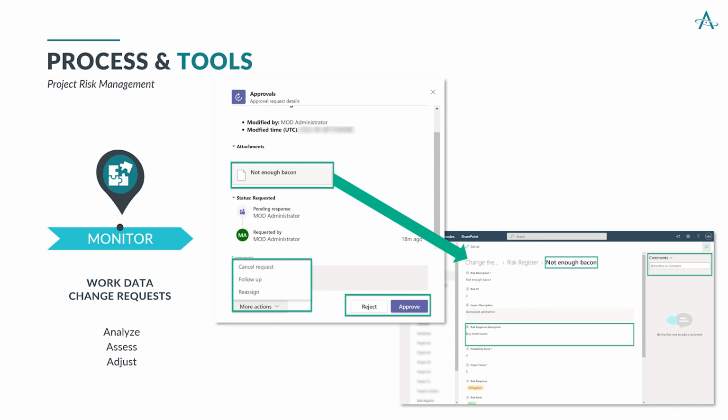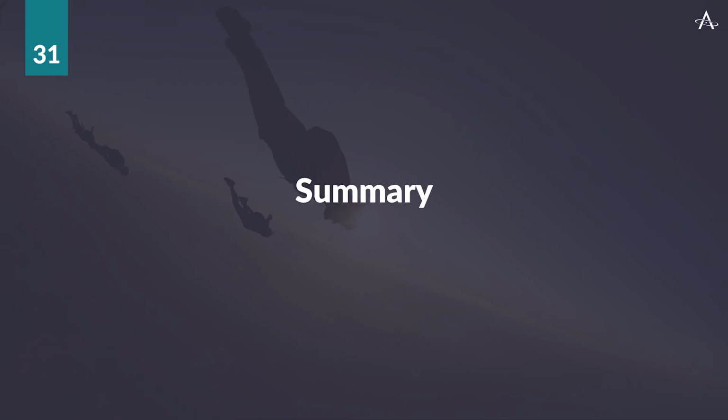So again, all of these are out-of-the-box features within Power Automate. And again, we're monitoring the changes that happen with projects, because there's always going to be changes, right? Our plans are suited until we actually begin the work, and then they're going to have to change just based on new information.